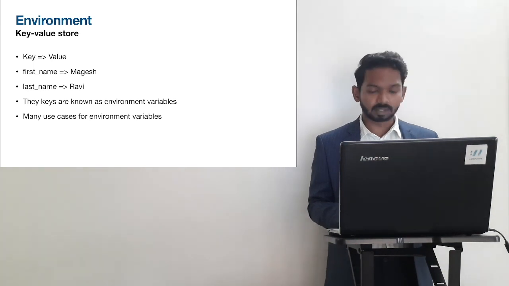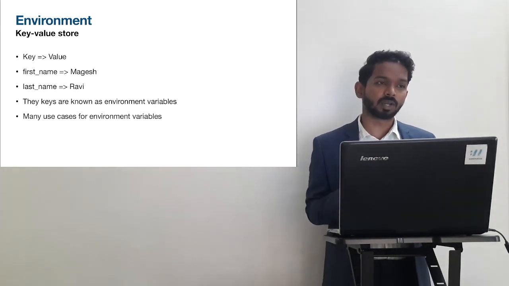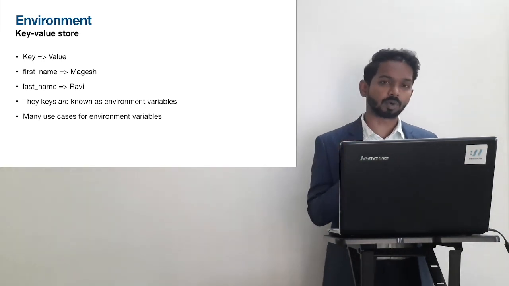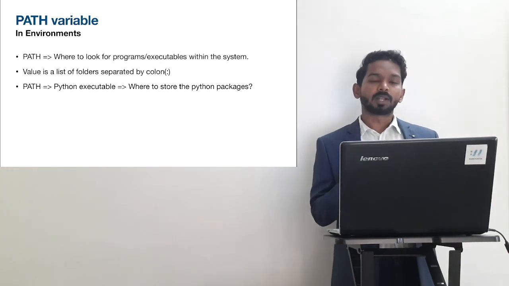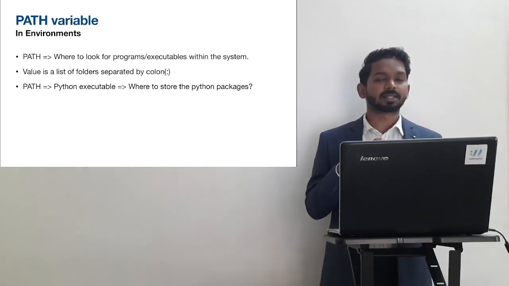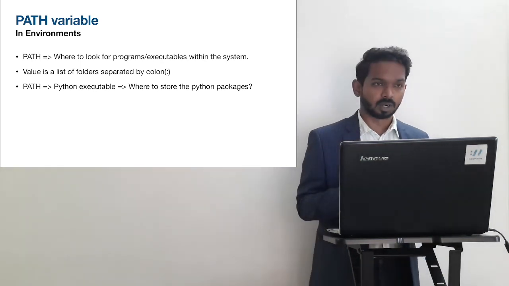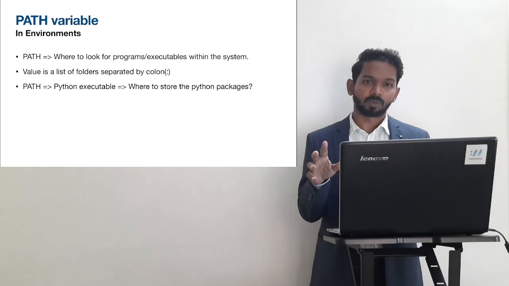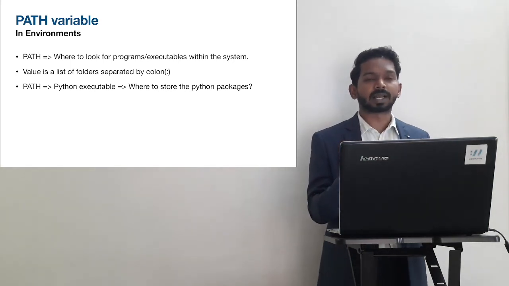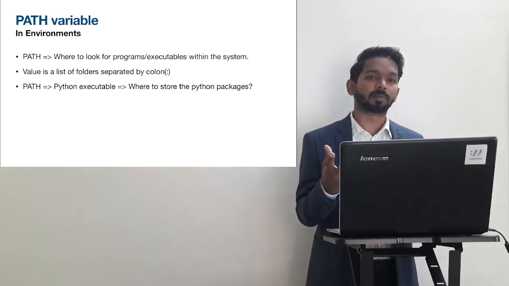Okay, so there are a lot of use cases for environment variables, but today we'll be focusing on the most important variable, which is the path variable. The path variable is what tells the system where to look for a specific application or a program. Let's say we open up the terminal and type python3, and immediately you get access to the Python REPL shell or the Python interpreter.